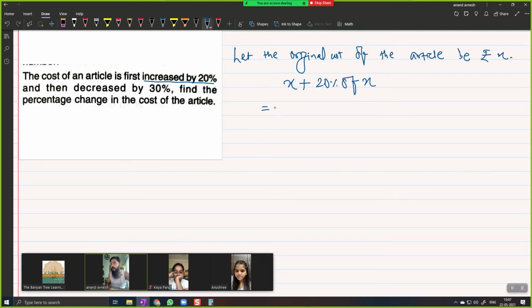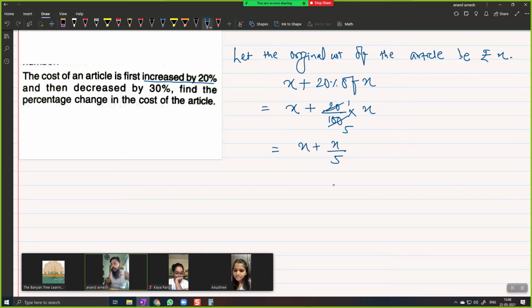Can you please help me solve this? Yes. x plus 20 upon 100 into x. We'll just simplify 20 upon 100: x plus 1 by 5 into x.